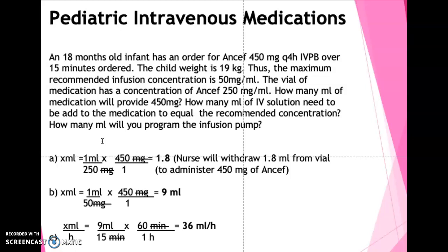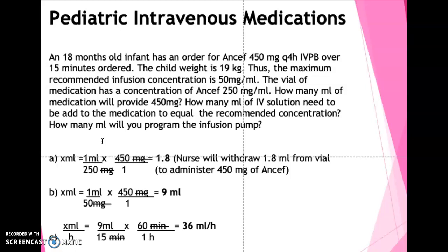The maximum recommended infusion concentration is 50 milligrams per mL. The vial of medication has a concentration of NSAID 250 milligrams per mL. How many milliliters of medication will provide 450 milligrams?